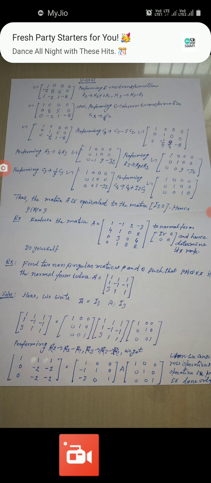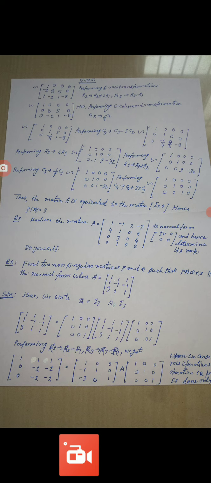Now performing R3 as 4R3, we get 1 0 0 0, 0 1 0 0, and 0 minus 1 9 minus 32.